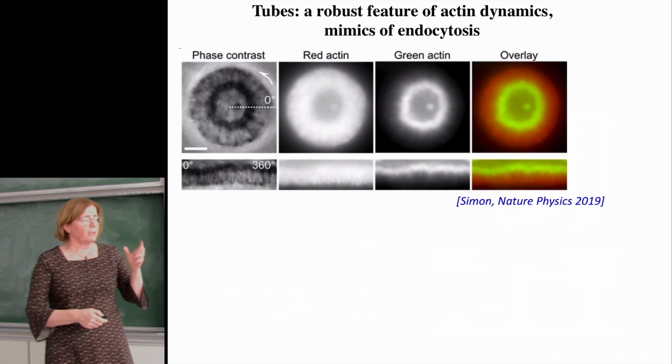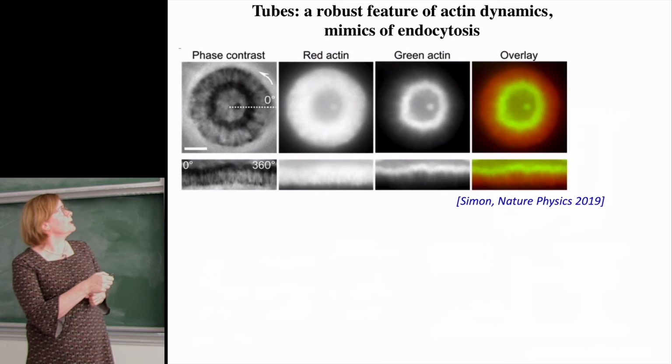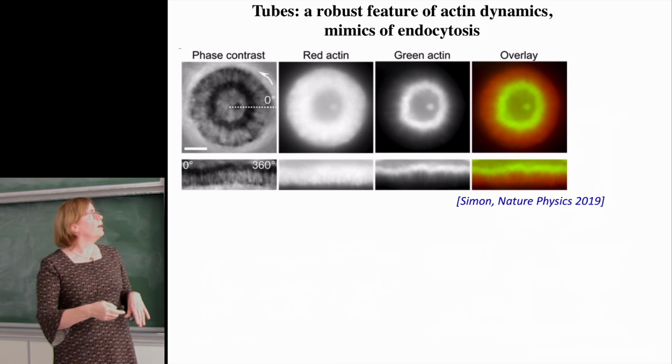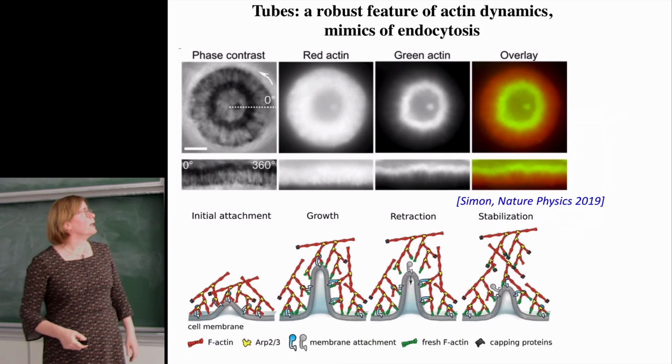So again we could use our red and green experiment, and here it's red actin, and you see that you have green filaments that emanate here. So we still have tubes that can grow either by green or by red actin.